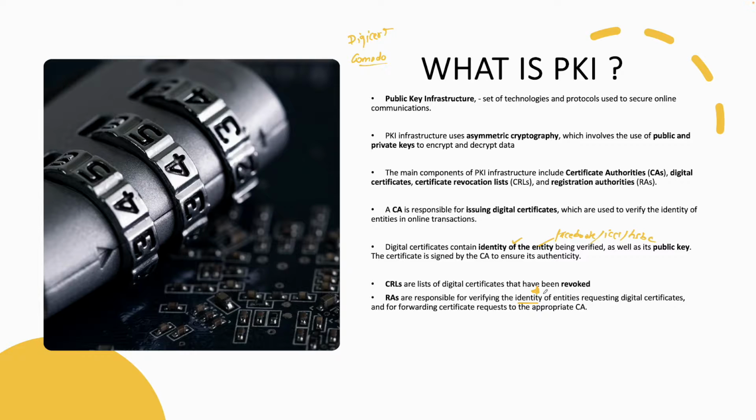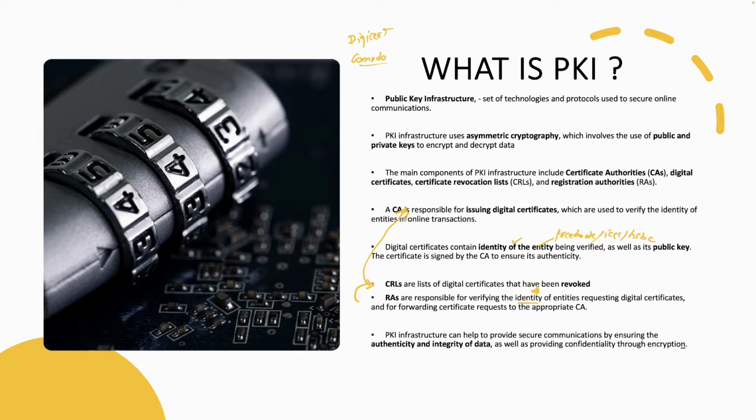The RA verifies entities requesting digital certificates and forwards the certificate request to the appropriate CA. So once the RA sees that it's all good, it sends the request back to the CA, the certificate authority, saying that yes, you can now go ahead and issue the certificate to this person.